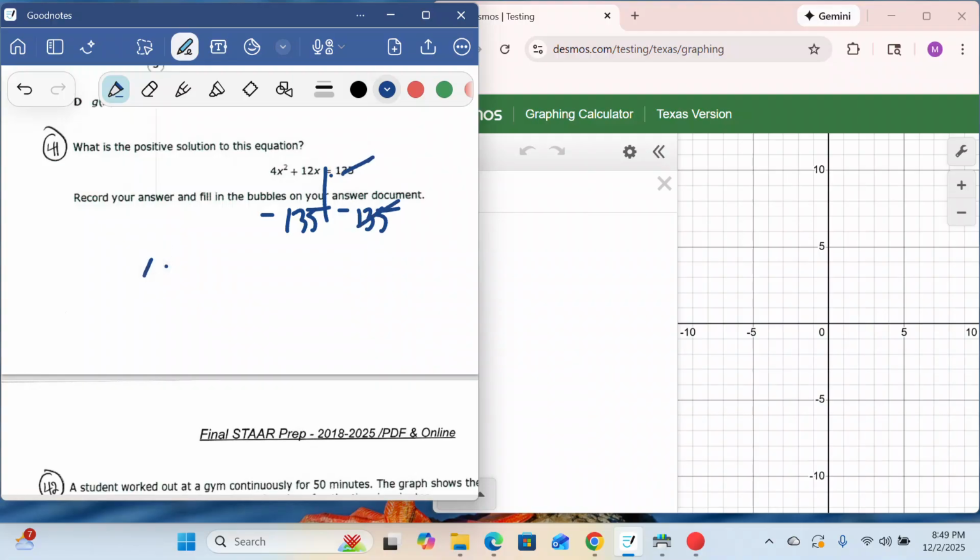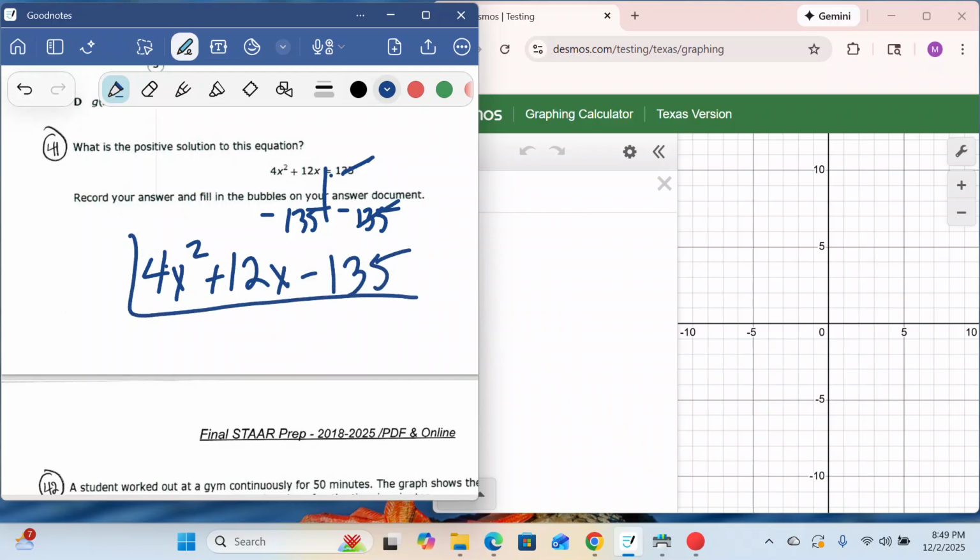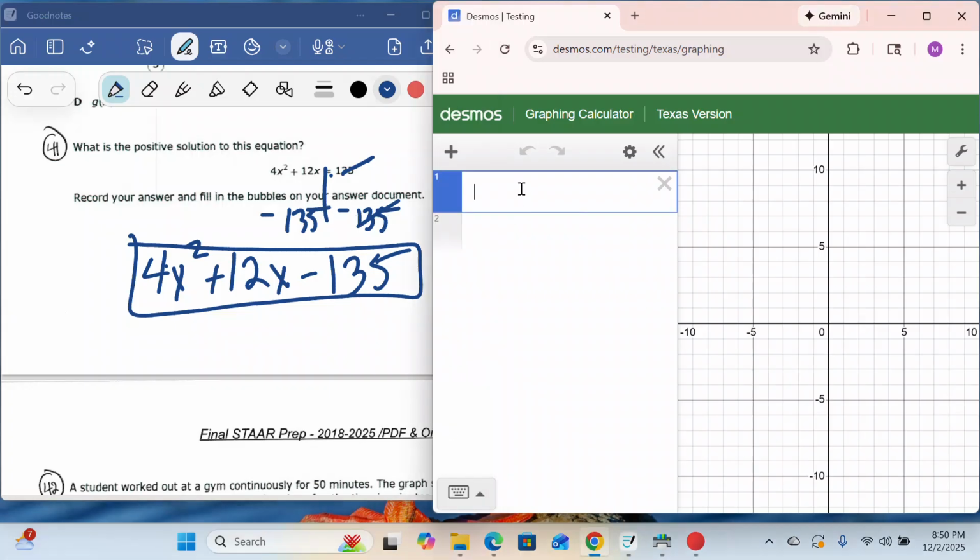So that gives me an equation of 4x squared plus 12x minus 135. Now this is a Desmos-friendly equation, which I can go ahead and input in Desmos, and I can go ahead and get an answer.